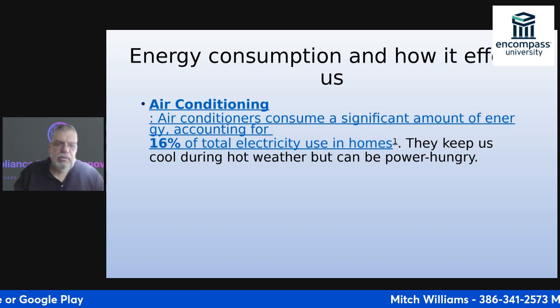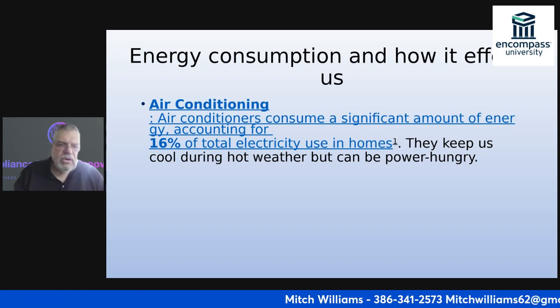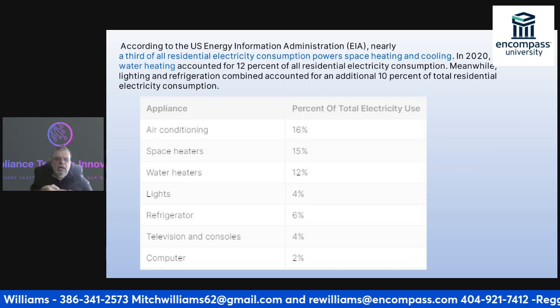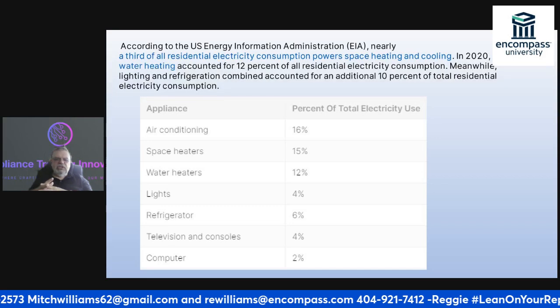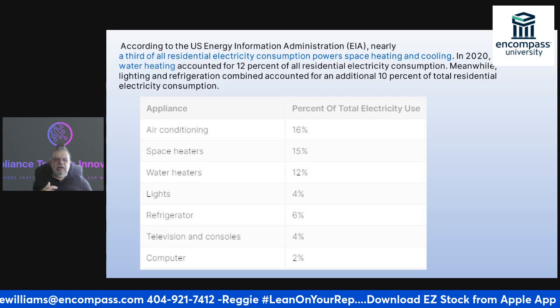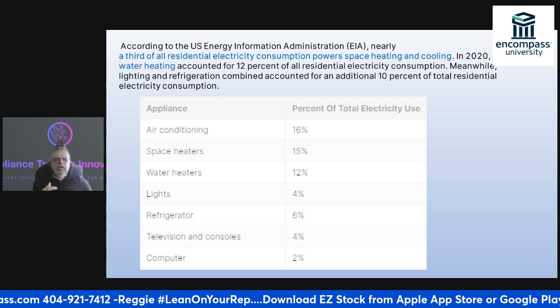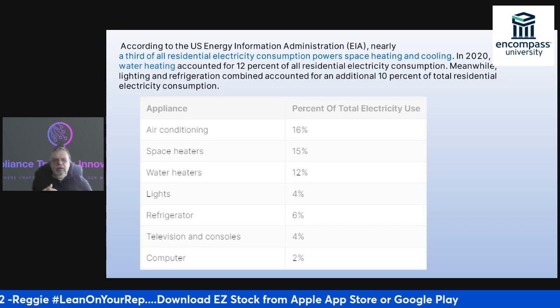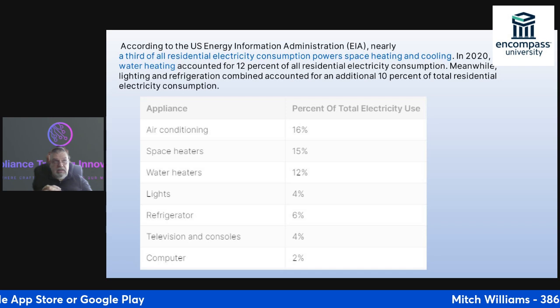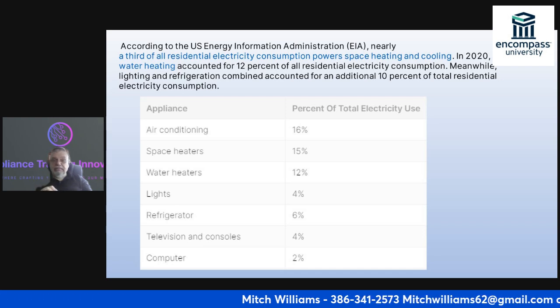One of them is a refrigerator, which is 6%. That's 10% less than an air conditioner. Then a space heater, a water heater. Water heaters have gotten better, but this is the old standby. Usually it's right next to the washer and dryer.